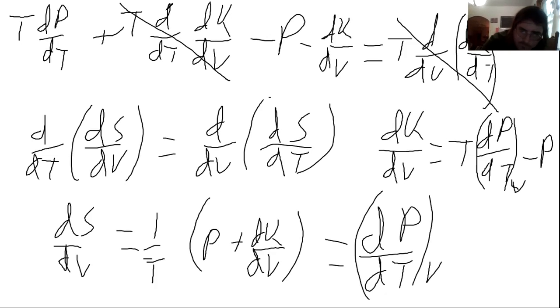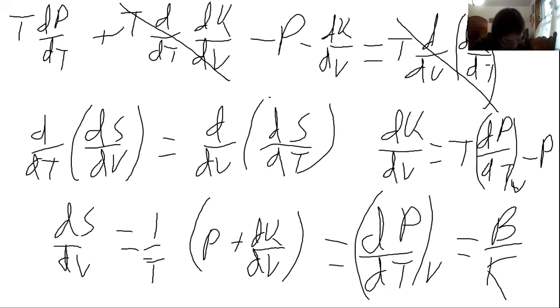So this difficult integral ds dv becomes this easier integral of dp dt at constant v. And we formerly proved that dp dt is equal to beta over kappa. So ipso facto, ds dv is equal to beta over kappa.